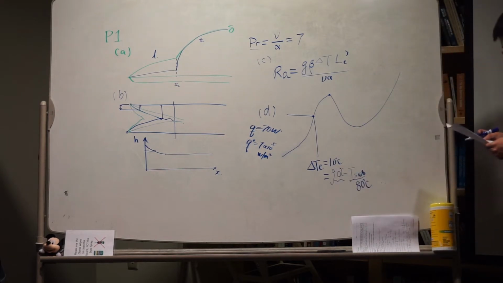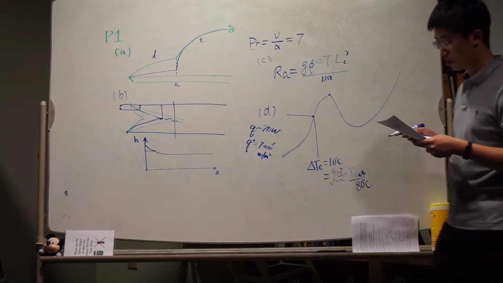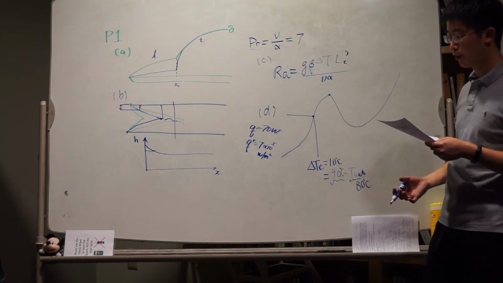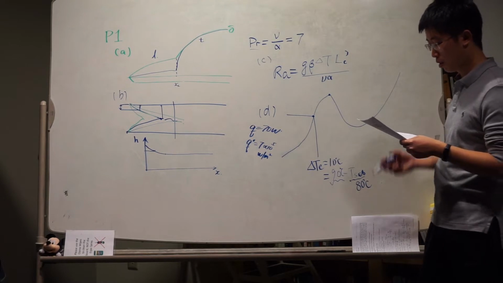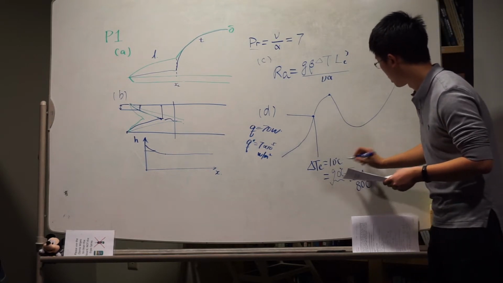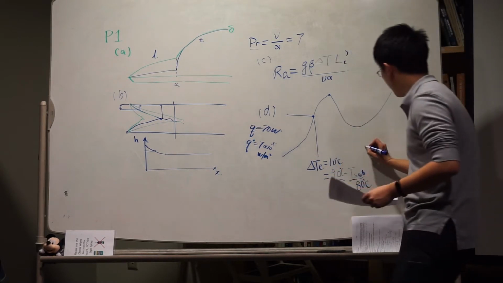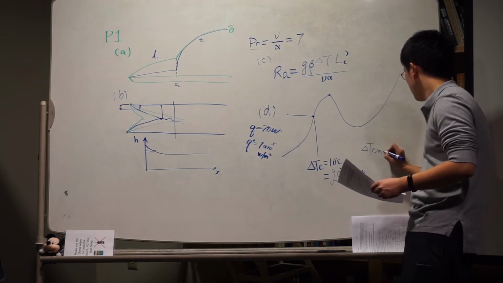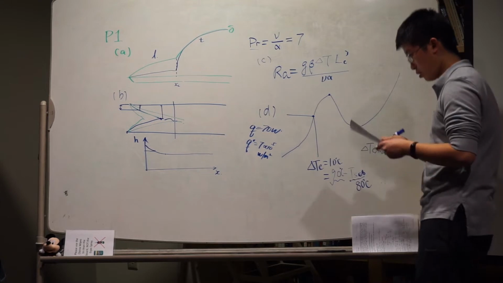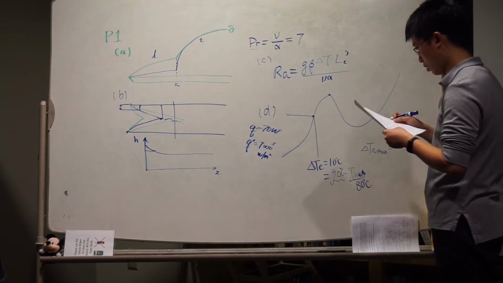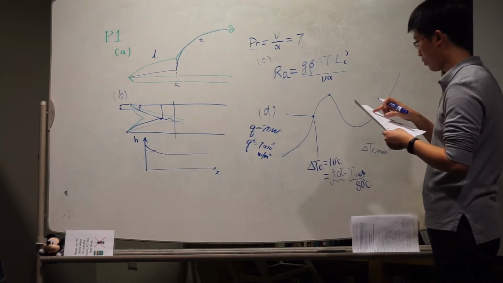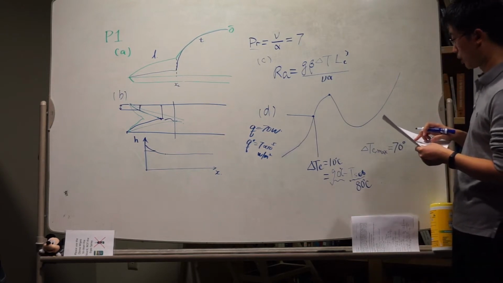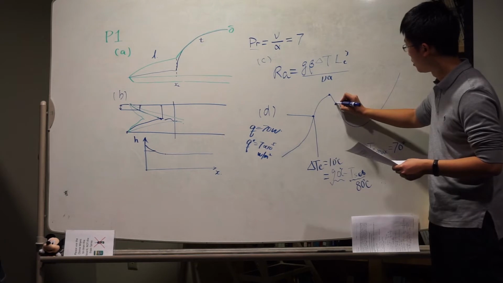Okay. The second one says the surface of the chip doesn't want to exceed 150 degrees C. So the corresponding delta T max will be 150 minus 80, which is 70. When we find the point 70, okay, it's here.